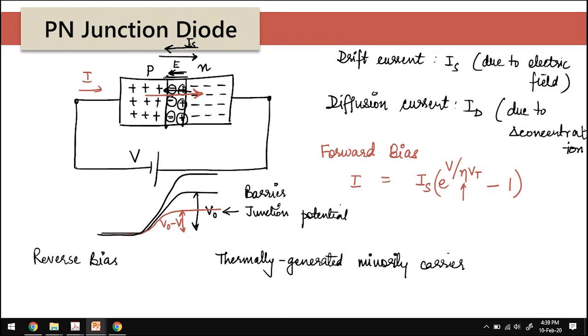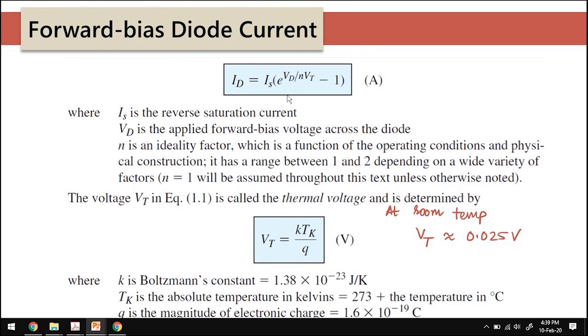And that is what this IS is, the reverse saturation current. The reverse current that would flow because of thermally generated minority carriers. For all intents and purposes, we will assume that in reverse bias, the current is zero.